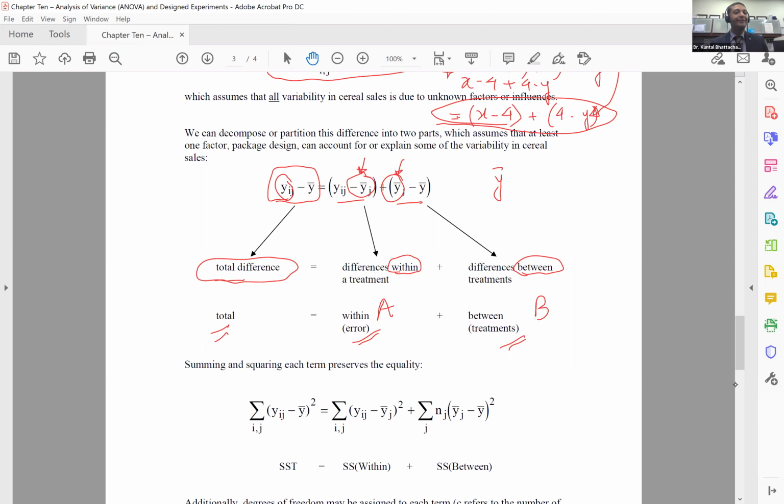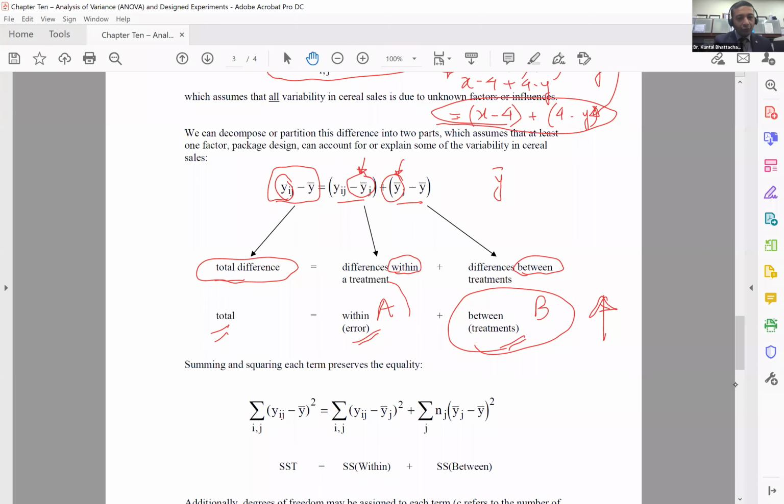That will help you make the case that package design will actually impact sales. Would you want the differences between treatments to be larger than within? B, you want that to be high, right? Because once that is high, you know that you have a good working model to deal with. That is something you can control using your experiments.